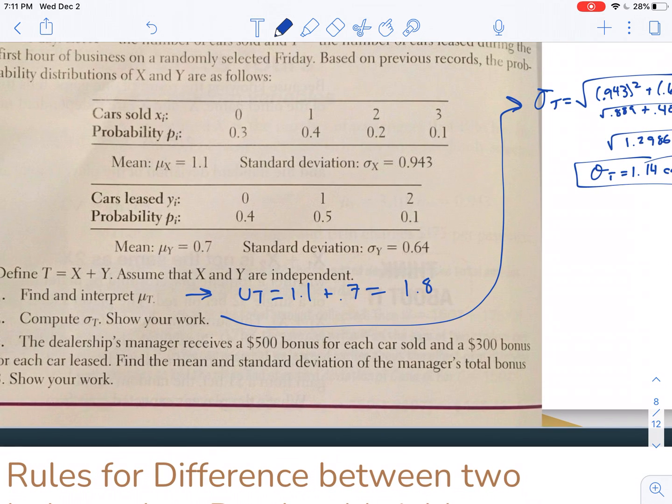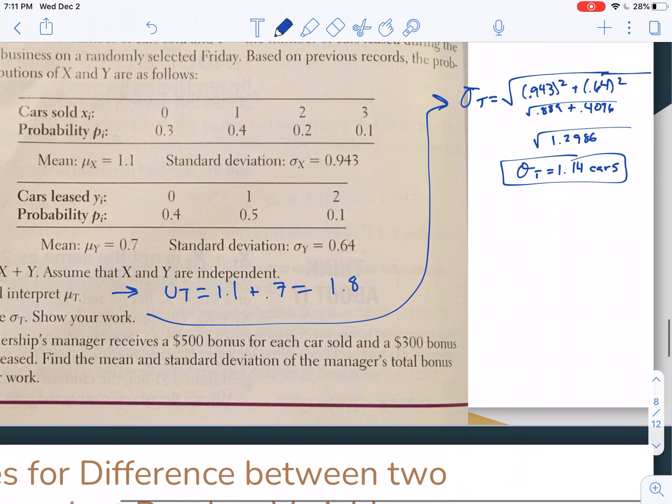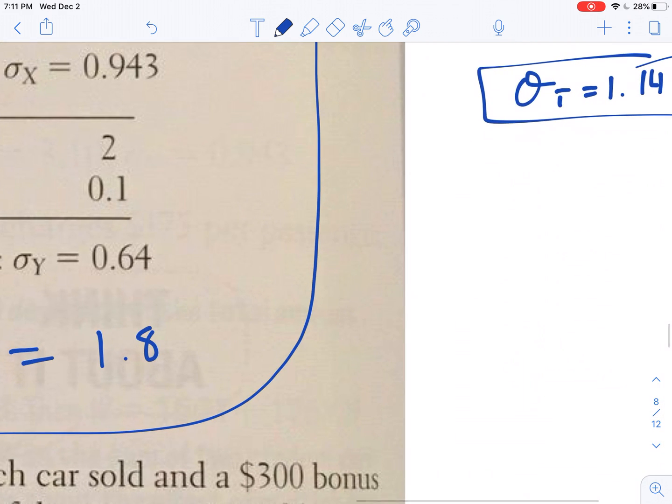Last thing here is trying to figure out: the dealership's manager receives a $500 bonus for each car sold and a $300 bonus for each car leased. Find the mean and standard deviation of the manager's total bonus. To figure out the mean, I'm going to call that B for bonus.